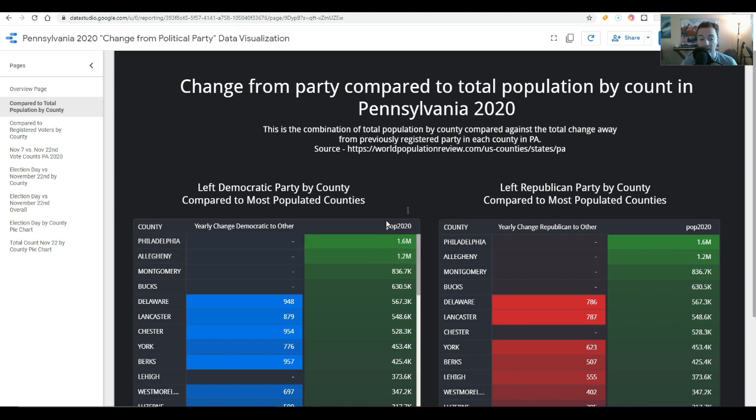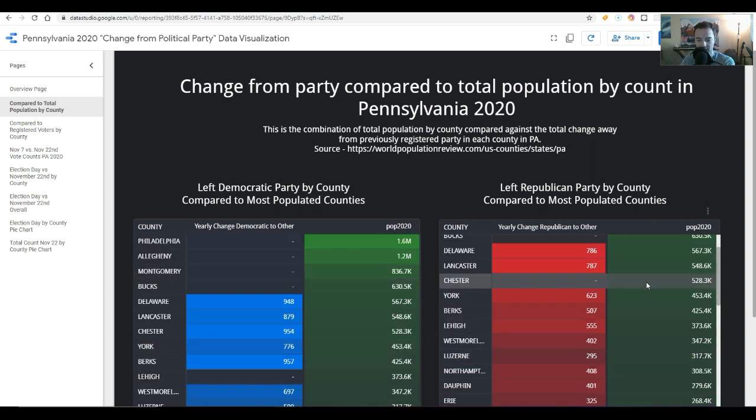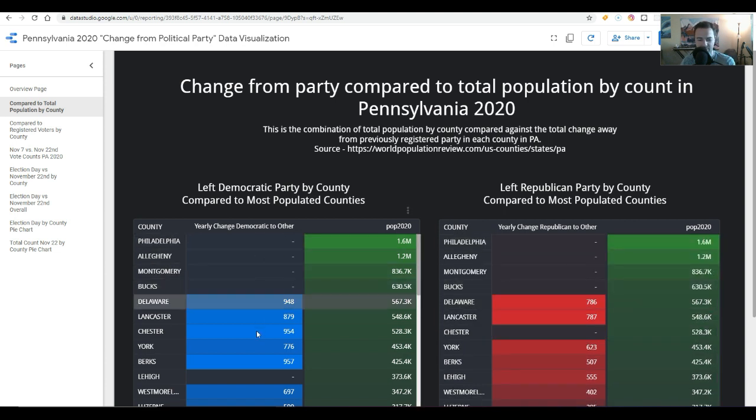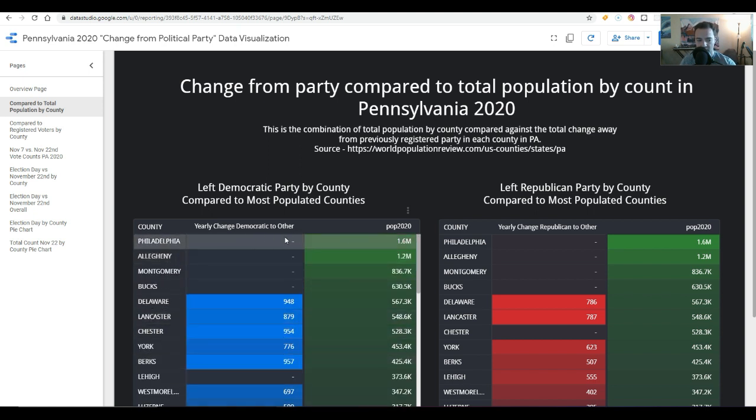Then I showed the most populous counties at the top of both of these sides here, and then I showed the counties by top population, not specifically the top counties that had people leave that political party.